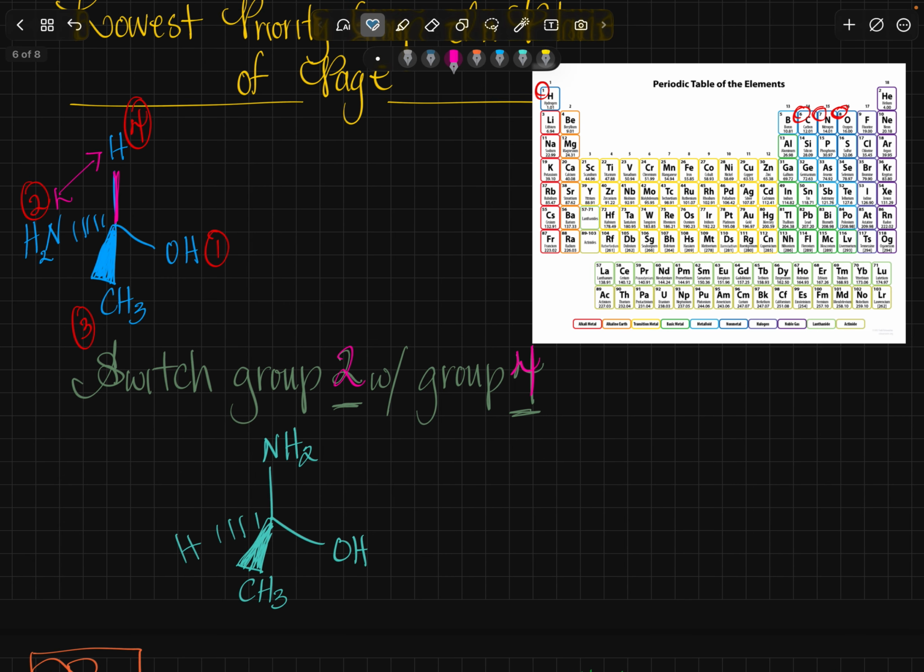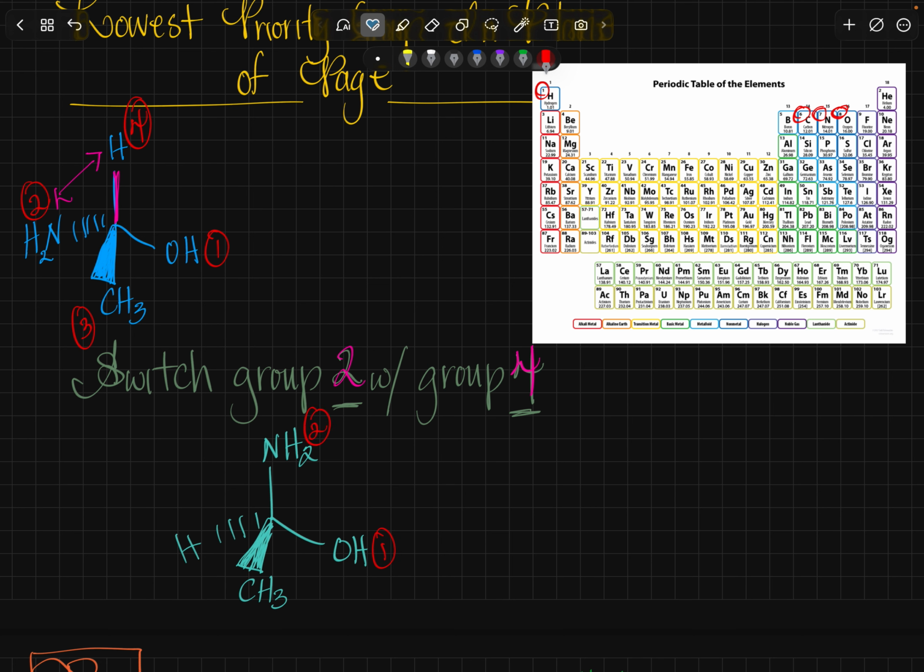And you're gonna get this when you switch those two. All you're doing is taking that hydrogen and moving it where this nitrogen is, and taking this nitrogen and putting it in the plane of the page. Okay, so you're gonna get this new configuration. We're gonna go ahead and bring down our priority groups.